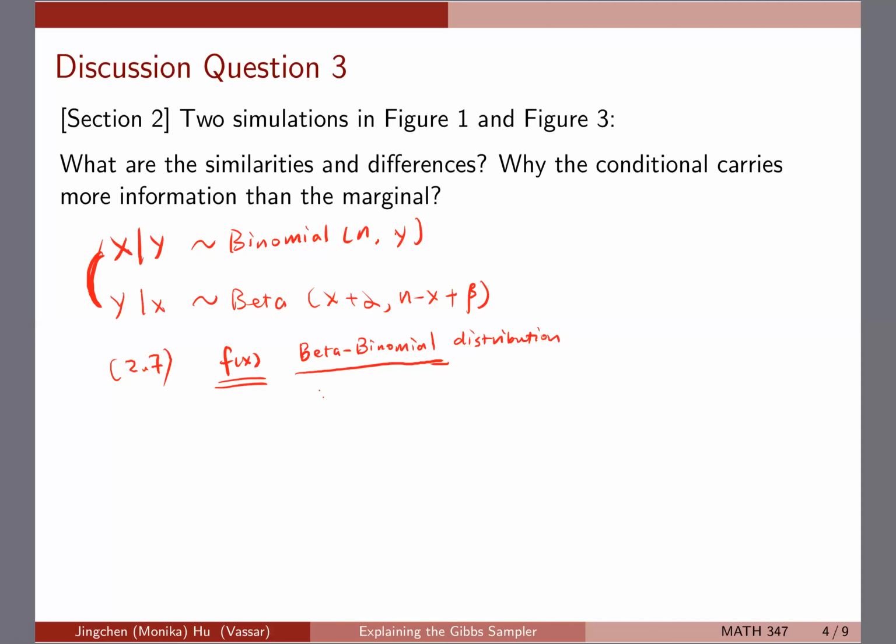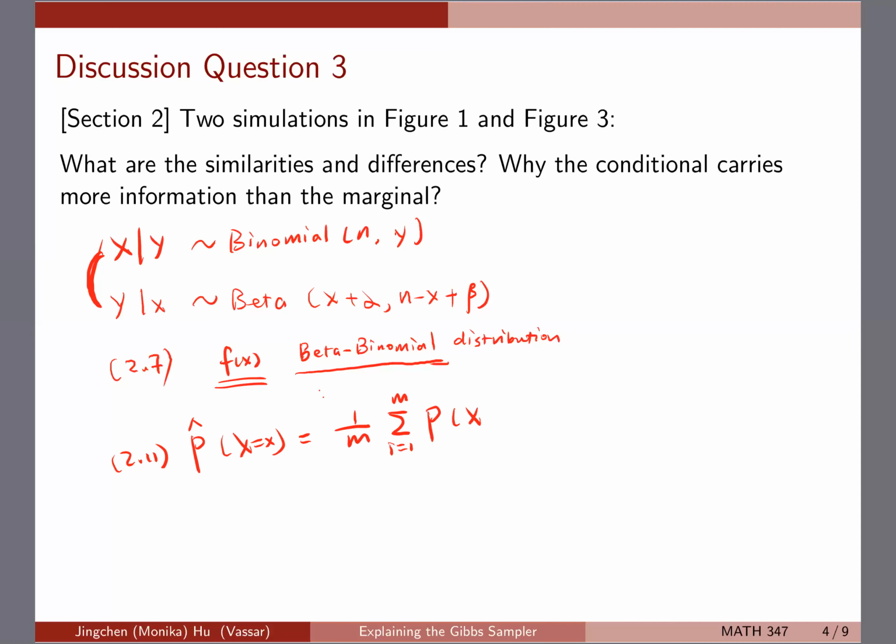So in figure 3, what they're doing is that at the last iteration, I take a look at my y's as well, right? So if you look at equation 2.11, they have this p hat, x equals x. They're taking the average over m, the number of sequences of MCMC Gibbs sampling you're doing.